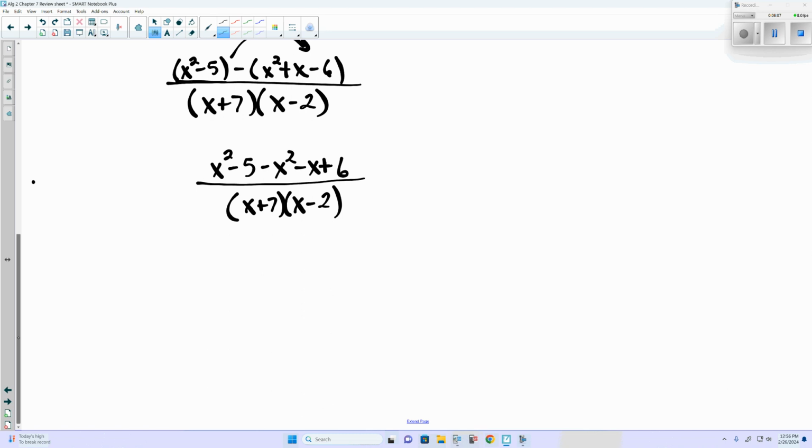And last but not least, we can combine like terms. The first set of like terms we can combine is our x squared and negative x squared, which would be 0. They would cancel out. They're gone. Our next term is negative x. Well, it is the only x term, so it's just negative x. Negative 5 plus 6 is plus 1.